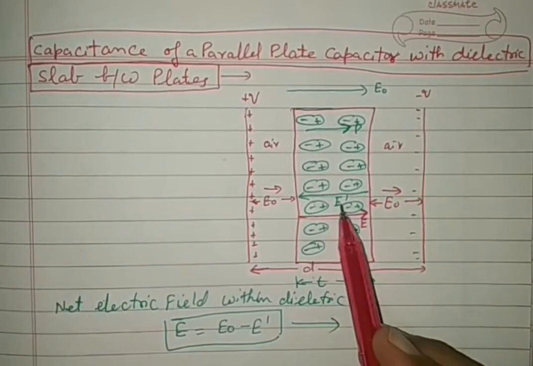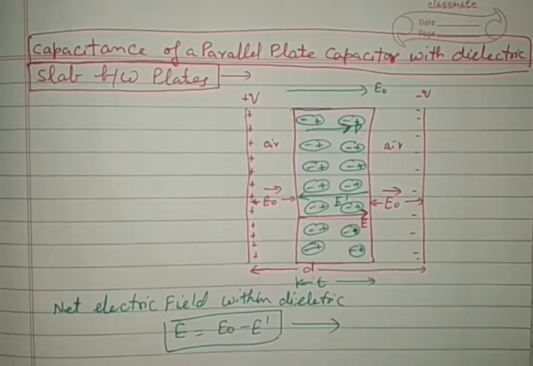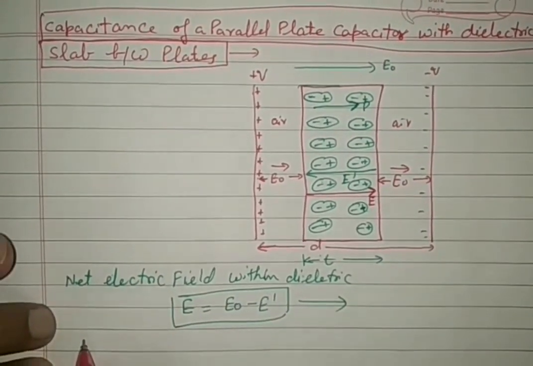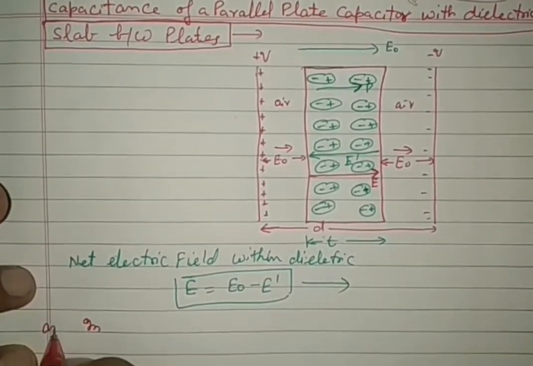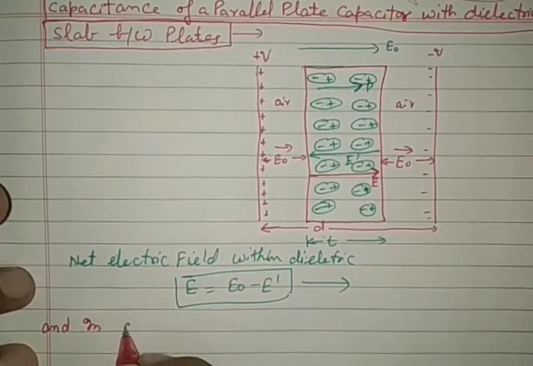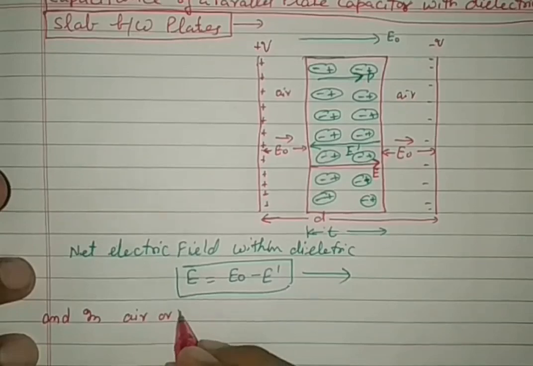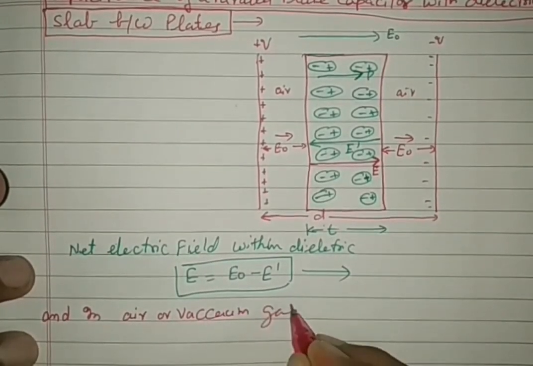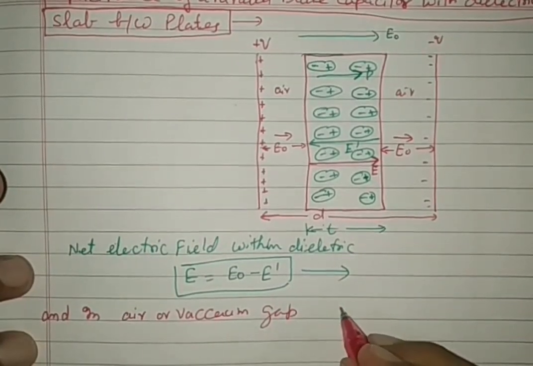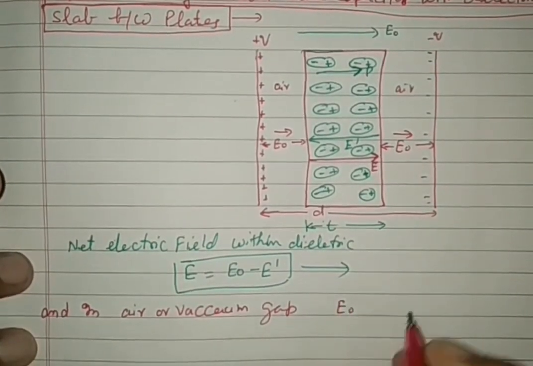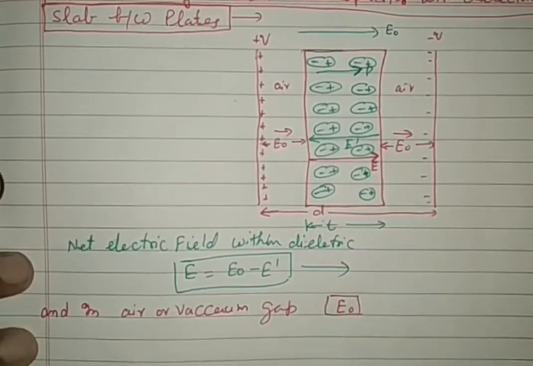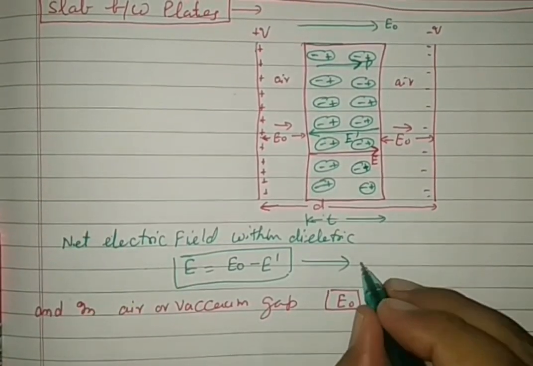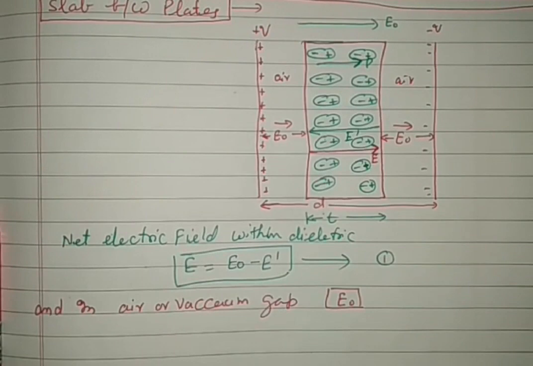So inside the dielectric there is E, and in the air or vacuum gap the electric field intensity is E naught. Right? Now see the formula related to this. Let us explain by equation number 1.